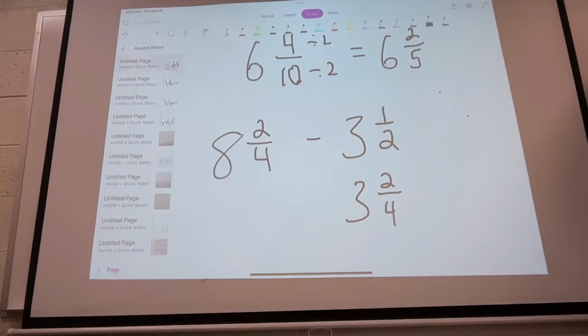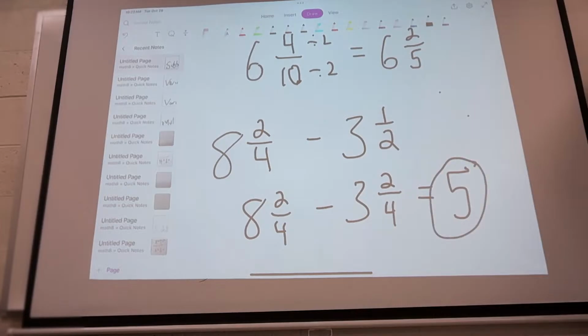Because 1/2 and 2/4 are the same. 8 and 2/4 minus 3 and 2/4 is... 8 minus 3 is, it's 8 take away 3. 5. 2/4 take away 2/4 is 0. So it's just a big 5, people. The answer is 5.